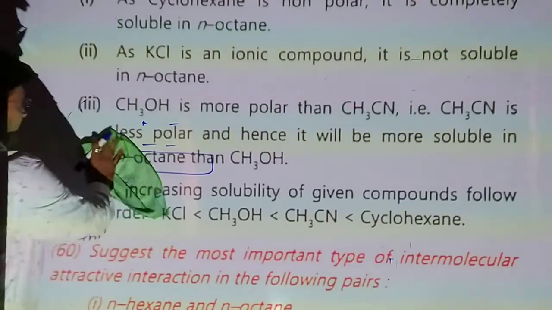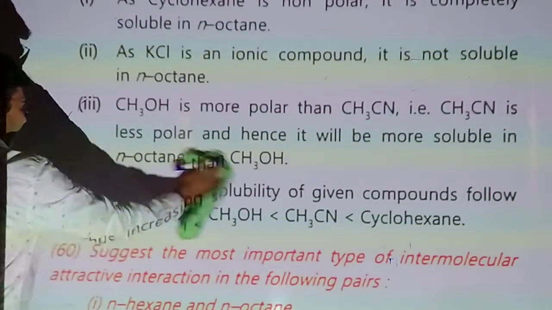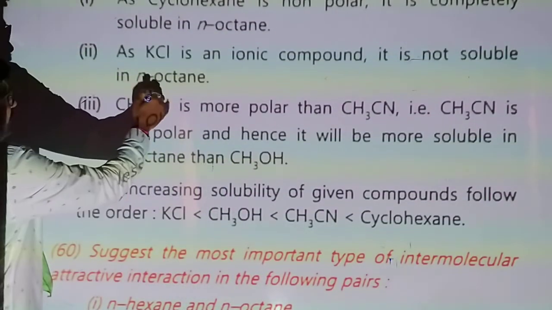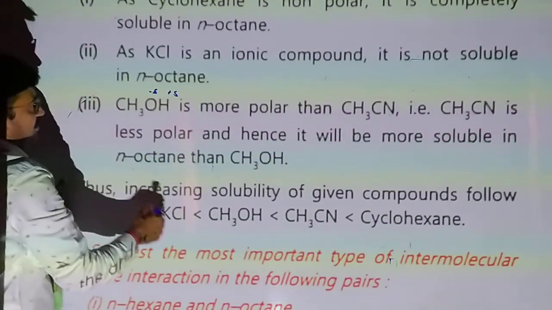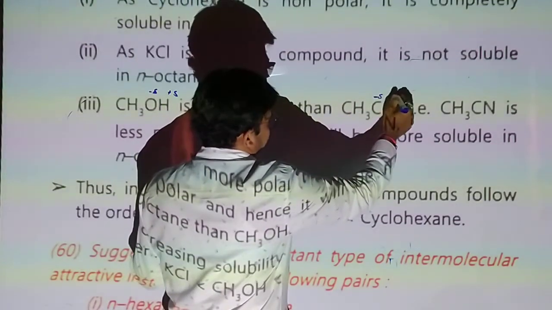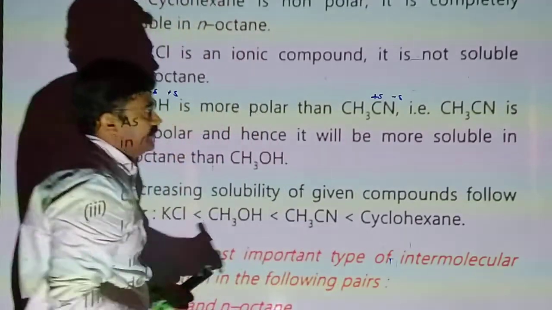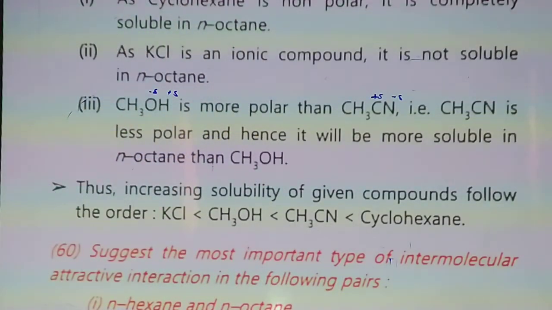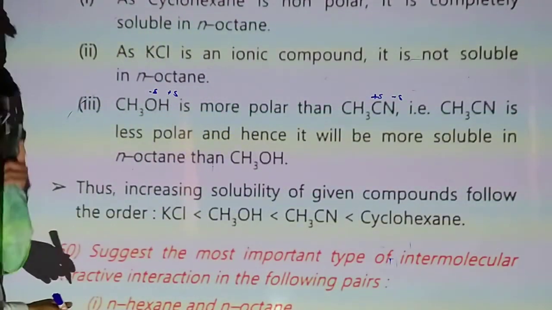Methanol is more polar than methyl cyanide. Here the OH bond is more polar than carbon-nitrogen. So methyl cyanide is less polar, hence it will be more soluble.